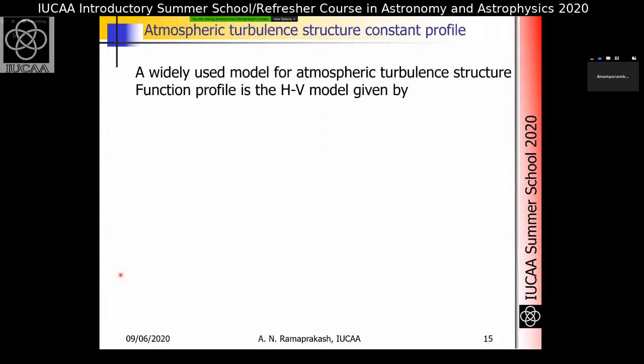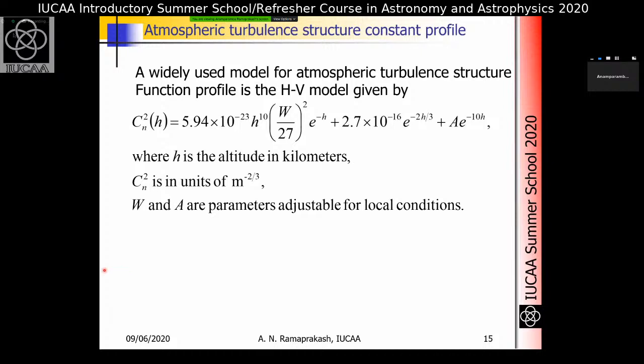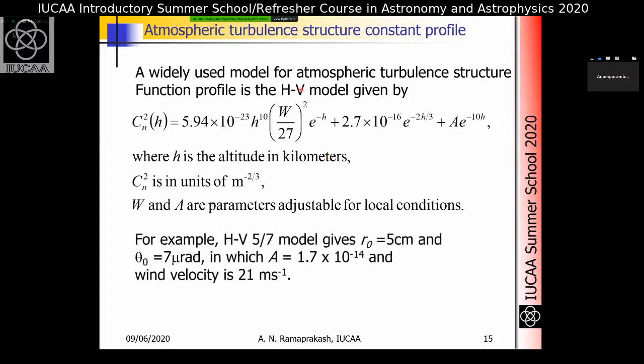Now, I mentioned Cn squared was a common factor in the three parameters. Cn squared has to be measured or modeled. There are many models and many measurements which give Cn squared in terms of the wind velocity, in terms of the height in the atmosphere, etc. I'm just showing here one example, which is called the HV model.